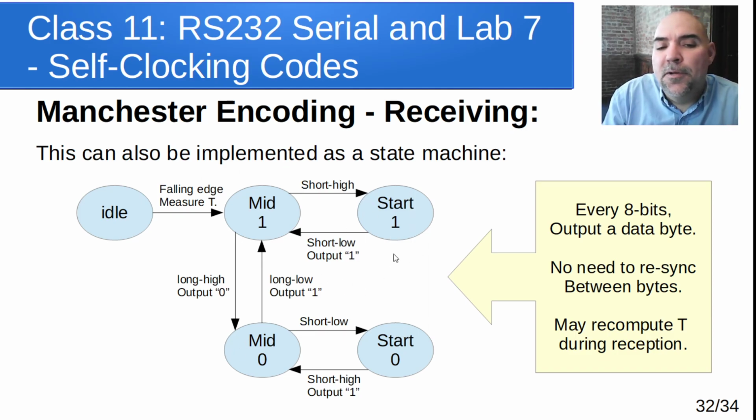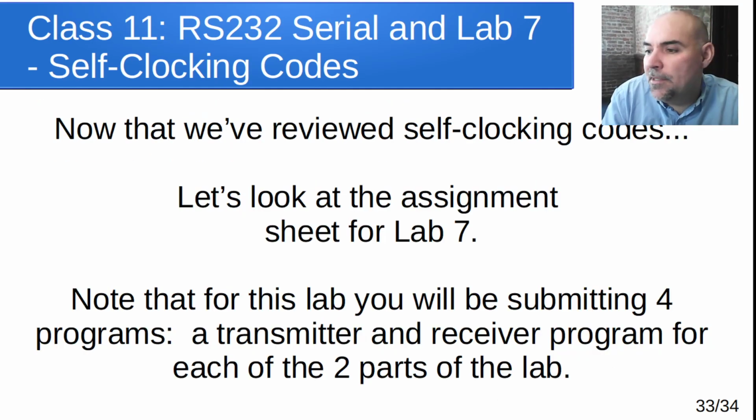You could also use an enumerated type, if you remember that from C, using an enum. You could define an enum with idle, mid 1, start 1, mid 0, start 0 in it, and then use those throughout your code, just as a little hint there.